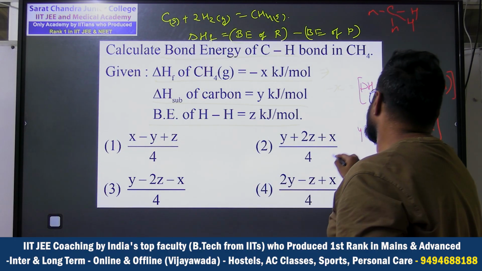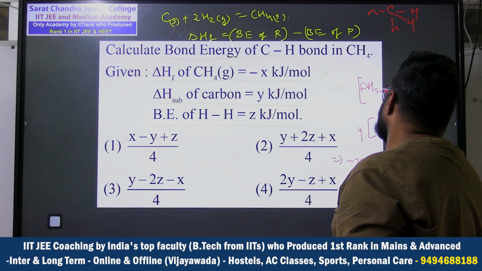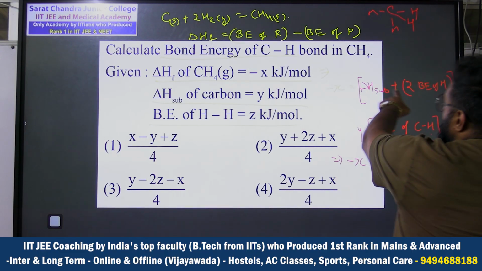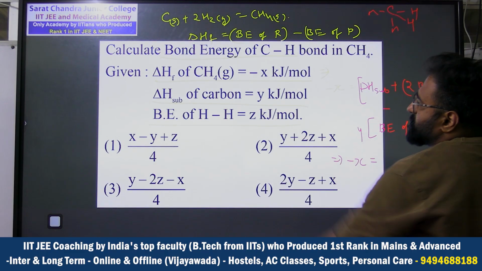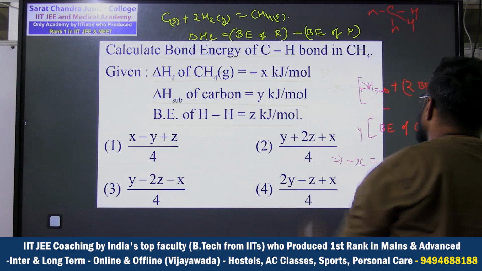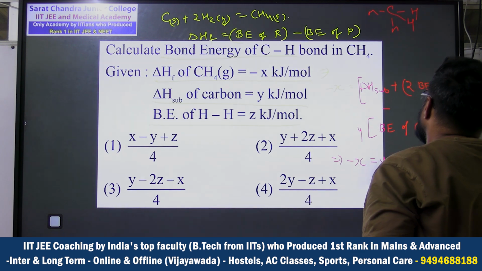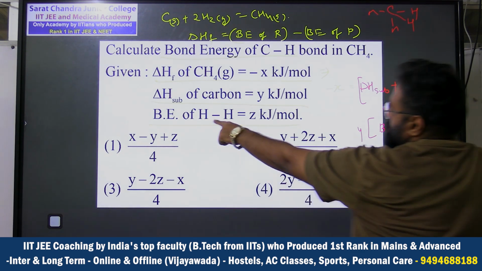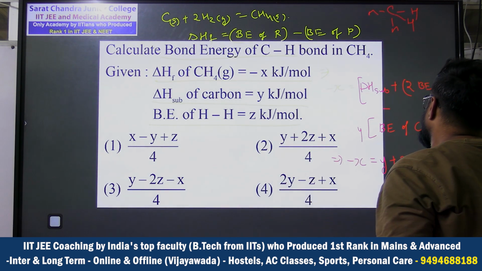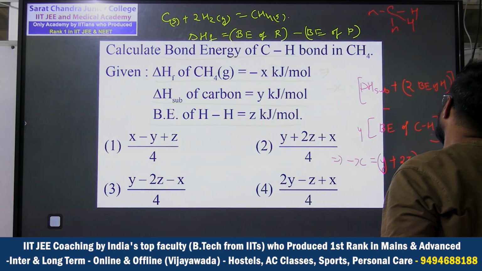So keep the values. Minus X is equal to delta H of sublimation. What is delta H of sublimation? We have Y, plus 2 into bond energy of hydrogen, so this will be 2Z, minus 4 into the bond energy of C-H that we need to find.